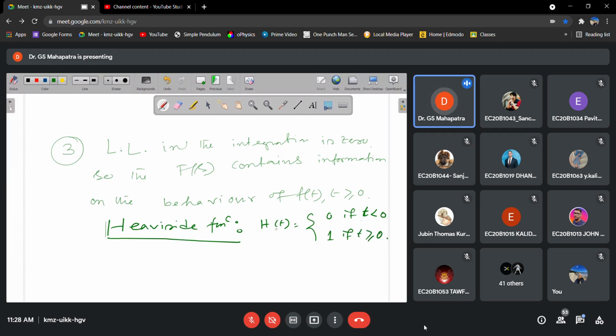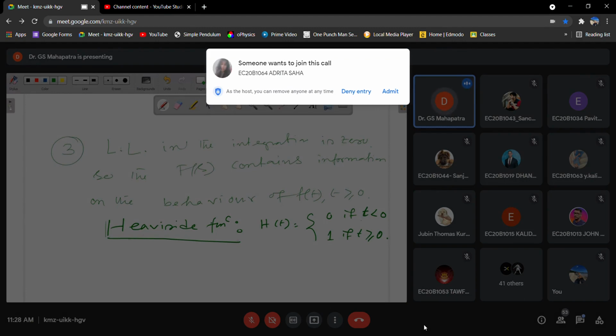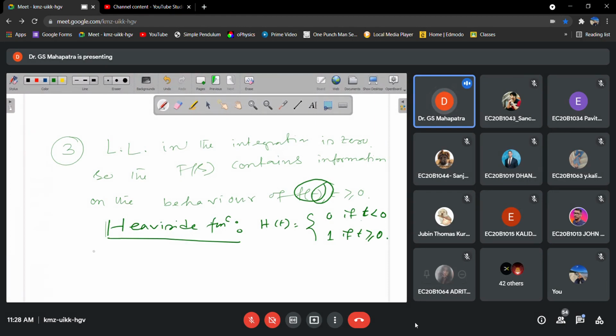If you multiply with this function, then the transformation of the function f of t, f of t is defined from minus infinity to infinity. I have already told you.